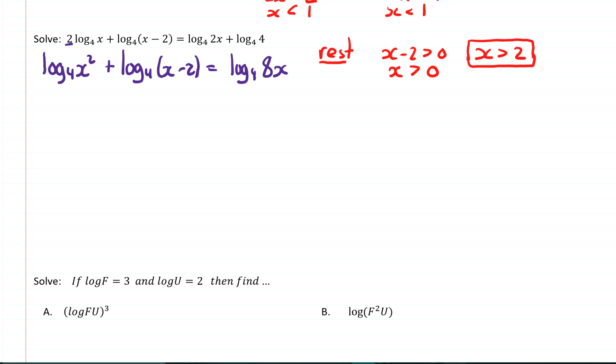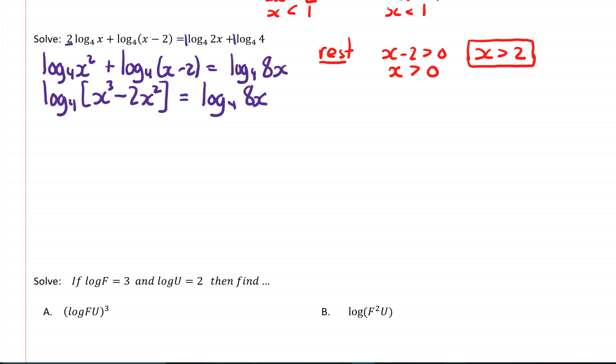So I can combine those. These are just values of 1 here, so that's not a problem. Now I can combine the left-hand side, so I have log base 4 of x squared times x minus 2, which is x cubed minus 2x squared, and that's all equal to log base 4 of 8x.